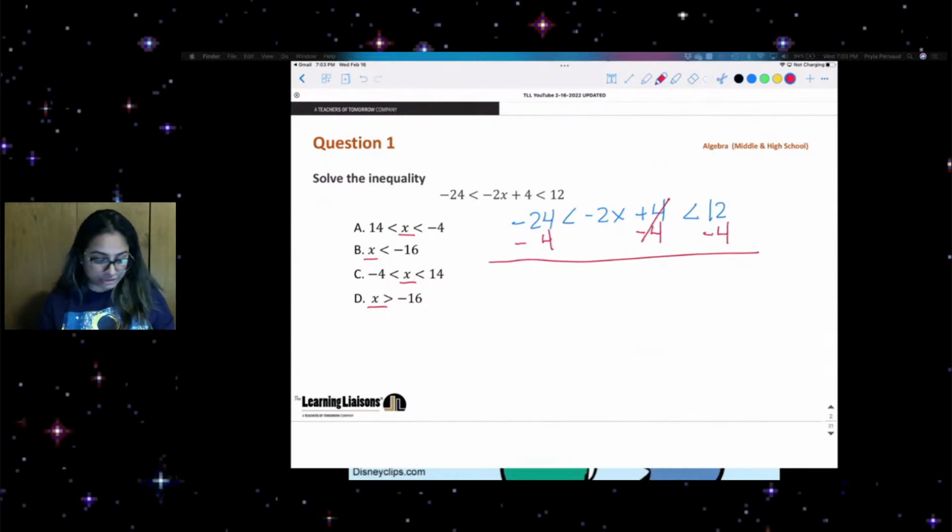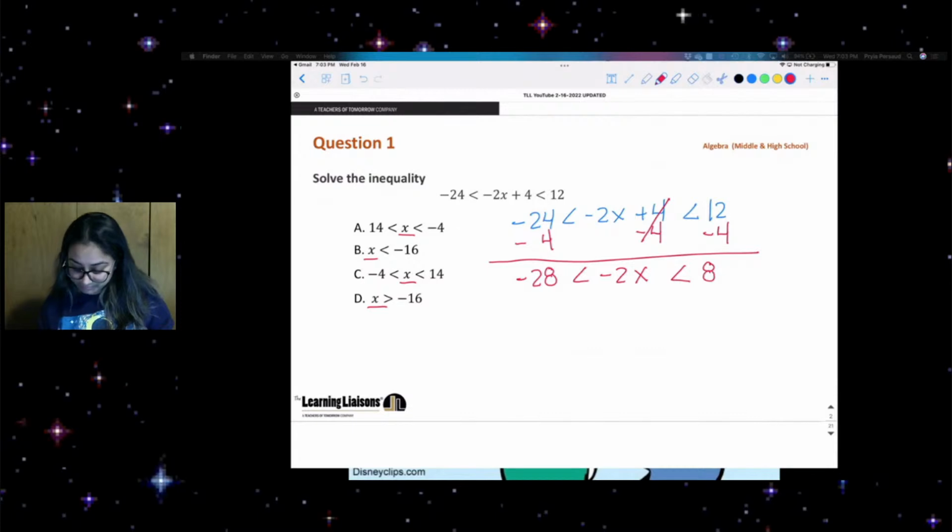The 4 in the middle goes away. Negative 24 minus 4 will give us a lovely negative 28. Bring everything else down. And 12 minus 4 gives us 8. Okay, we're almost there. Now we need that negative 2 away. How do we get rid of a number when it's being multiplied to another number?